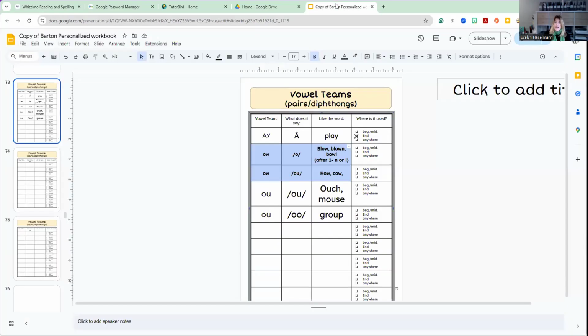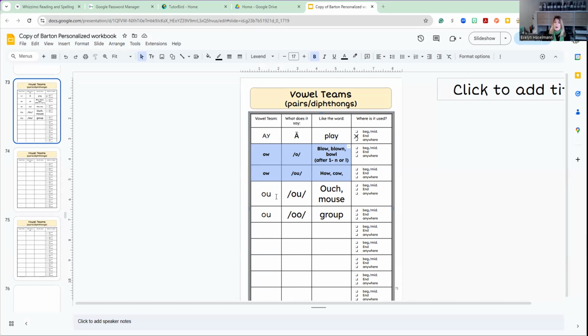So I have housed these like this. I have OW says O as in like blow, blown, bowl. Usually we spell it in the middle when there's one N or one L after it. Then we have ow as in how and cow and brown.